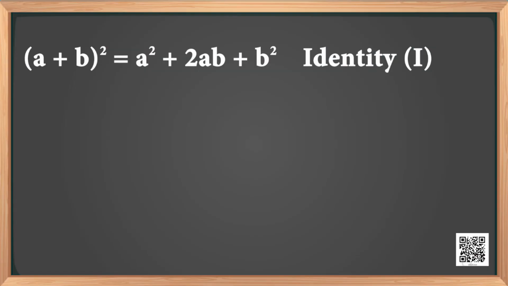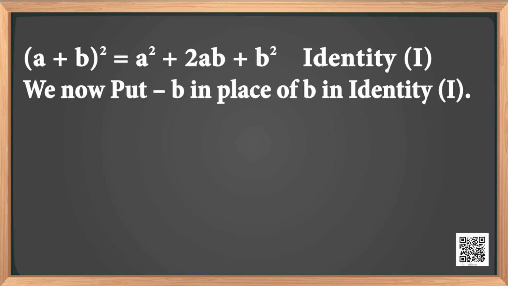These identities 1, 2 and 3 are called the standard identities. Let us see how to get identity 2 from identity 1. Identity 1 is (a plus b) whole square is equal to a square plus 2ab plus b square.